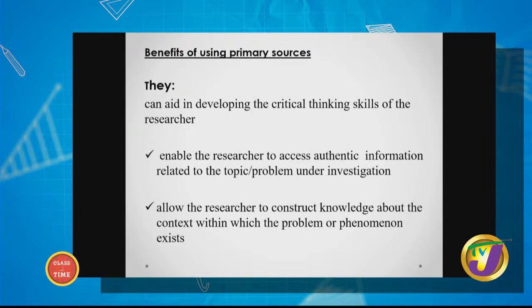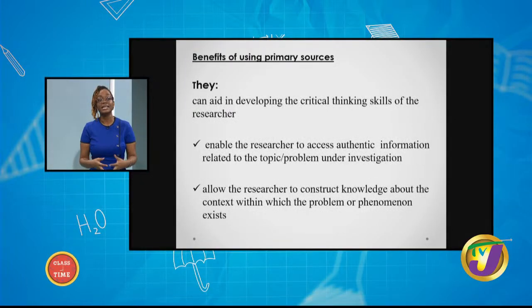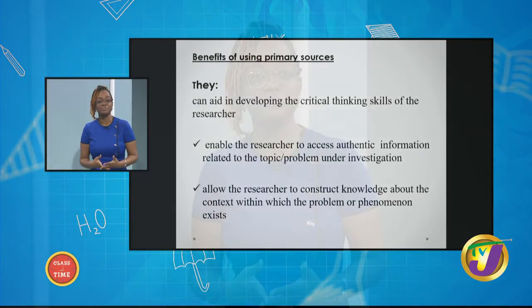Now let us look at some benefits of using primary sources. Primary sources can aid in developing critical thinking. Now you may be wondering, how will this do that for me? And I will explain. If you have to rifle through several primary sources that are presenting information on the same problem or the same topic, then you are forced to think about what is crucial to the topic that I am doing.